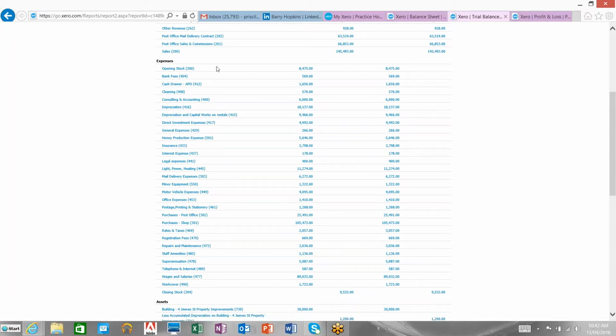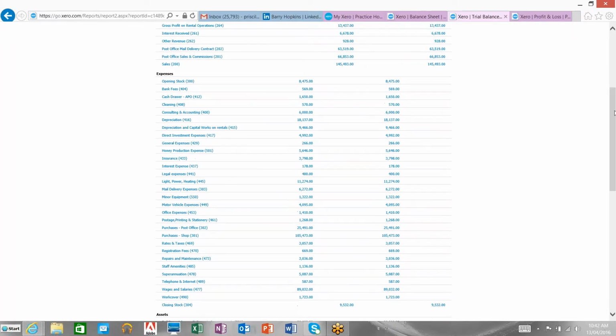It is up to the accounting system how it reports it, but it is a debit at the moment, and the equivalent in credit is in the balance sheet.